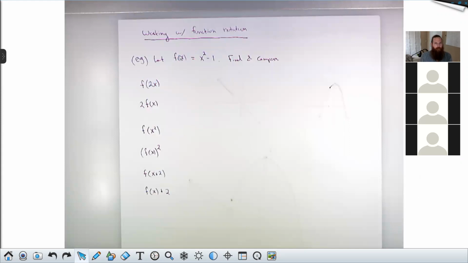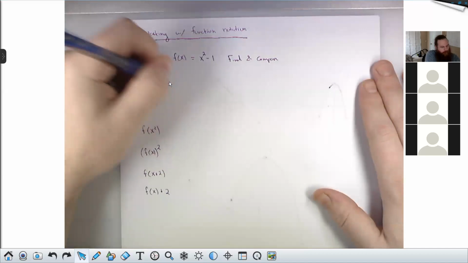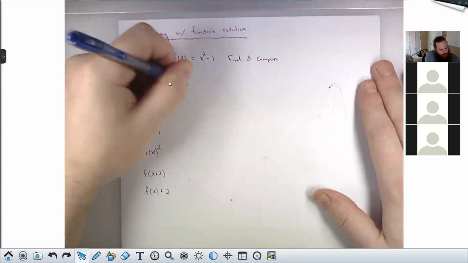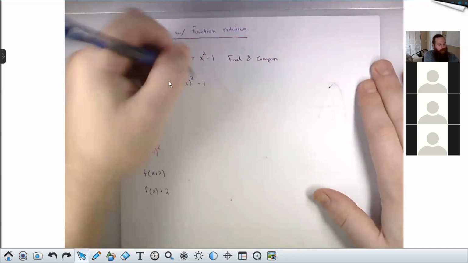Well, what does f do? Whatever you feed it, it squares that and then subtracts 1. That's the verbal description for this function f. It squares the input and then subtracts 1 from that result. So if I feed it 2x, it will square the input 2x and then subtract 1.